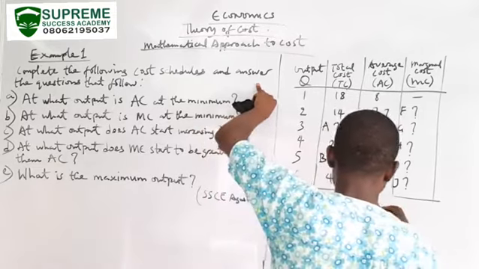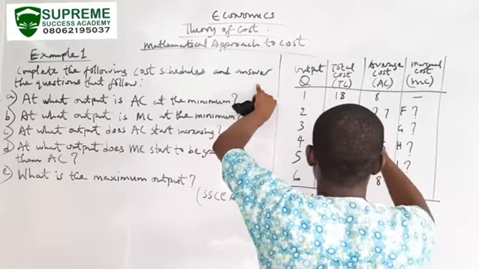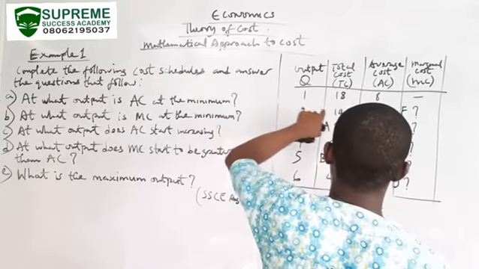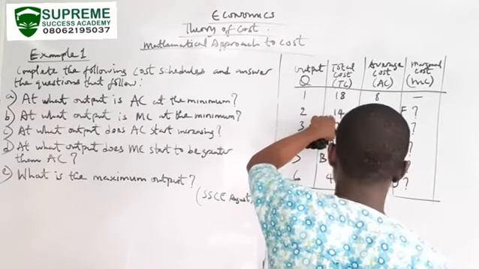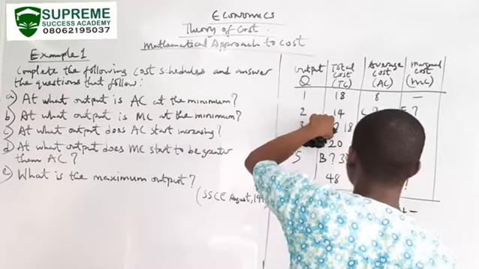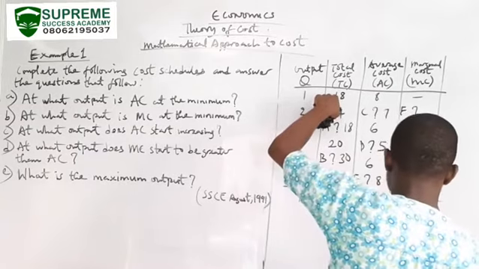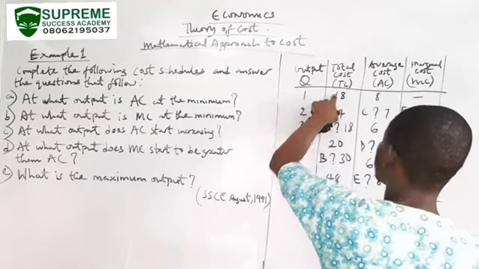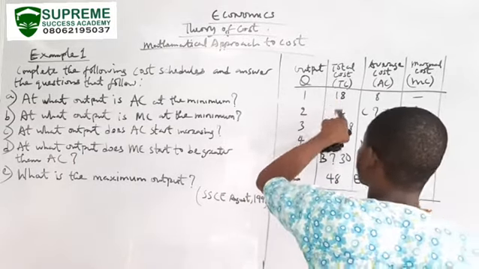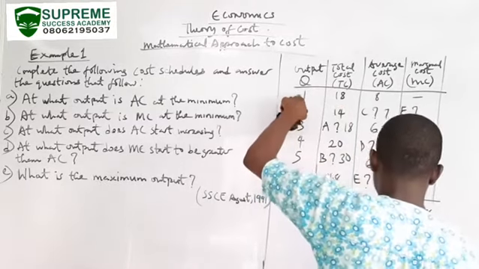So what this means is the change in total cost. What is our total cost? Our total cost for output 2 is 14. Then we say 14 minus the first total cost, which is 8, divided by the change in output, 2 minus 1.